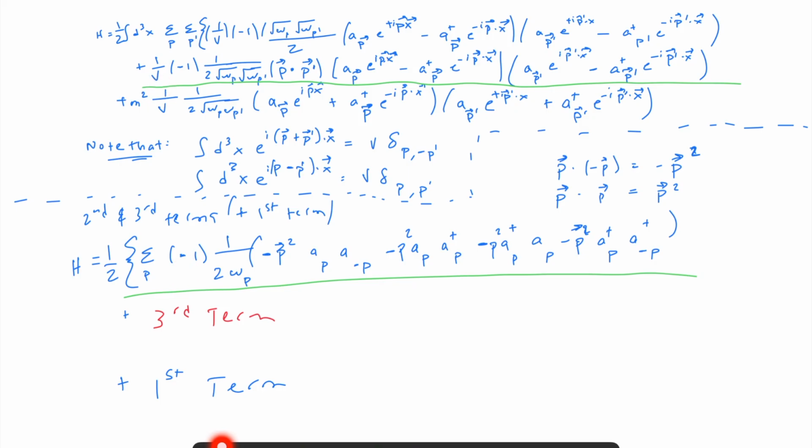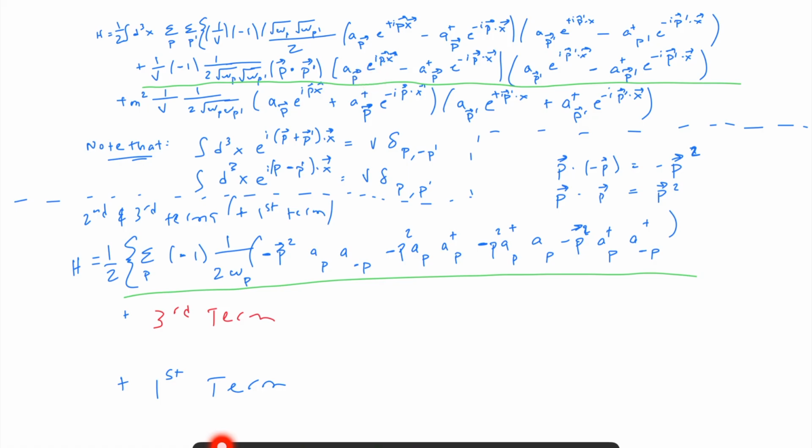The v factors will ultimately cancel out for the reasons I showed you before, by remembering these relationships. And then the omega p prime will end up being omega p. And those two things, the square root times the square root, just give you omega p, and this 1/2 is over here. For these parts over here, you will just do the same type of thing, a FOIL, a_p and a_p and a_p prime.